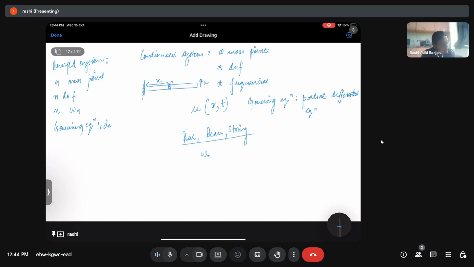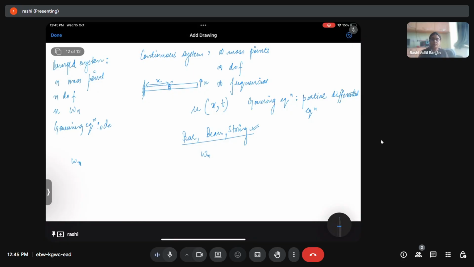See, in the case of the string, if you remember, yesterday only we did that, if the fundamental frequency is omega n, then other frequencies are what? They are the integral multiples of omega n, right?